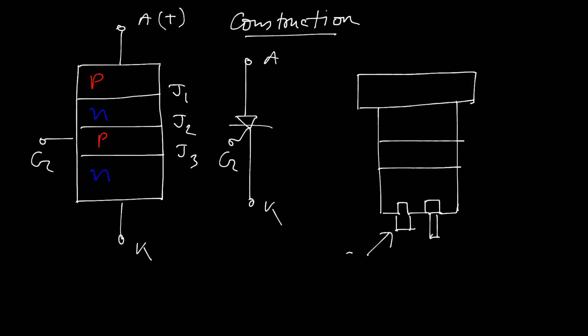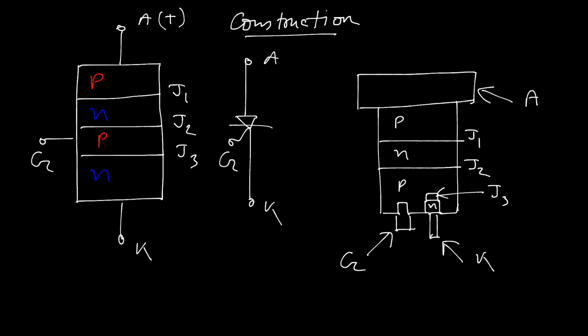This is gate terminal, this is cathode terminal, this is aluminum normally constructed by, this is anode normally constructed by aluminum, 3 junctions J1, J2 and this is J3, and 4 layers, that is P, N, P and N.